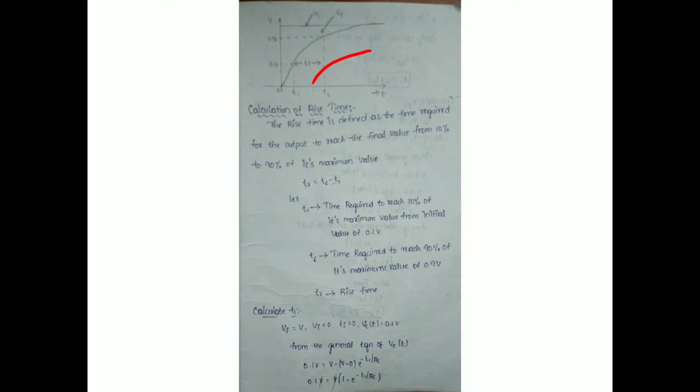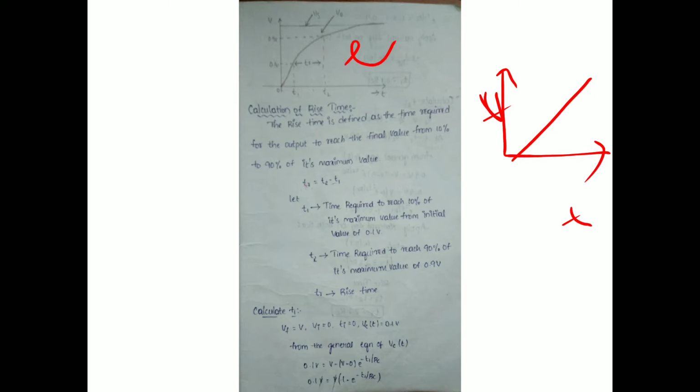This is the frequency response of the low pass filter for the step signal. We have to observe the waveform. When you apply the step signal it will be like this. But when you change the time constants, the frequency response of the filter will change like this.